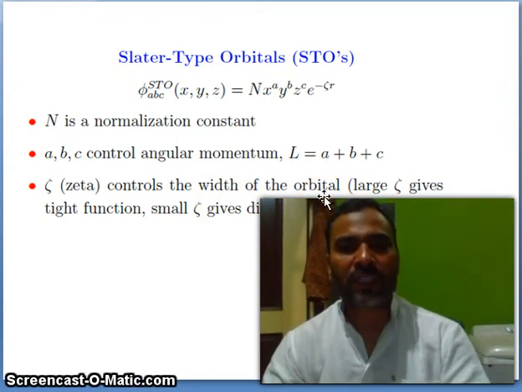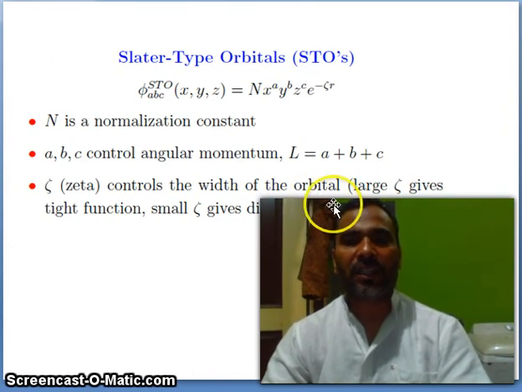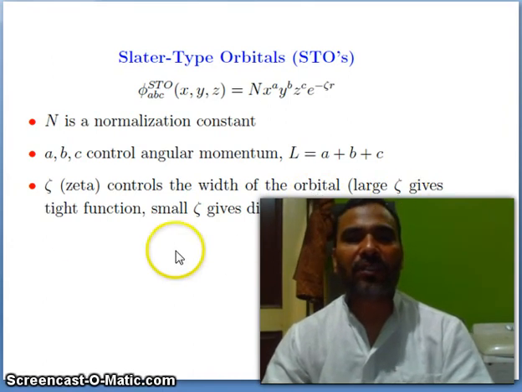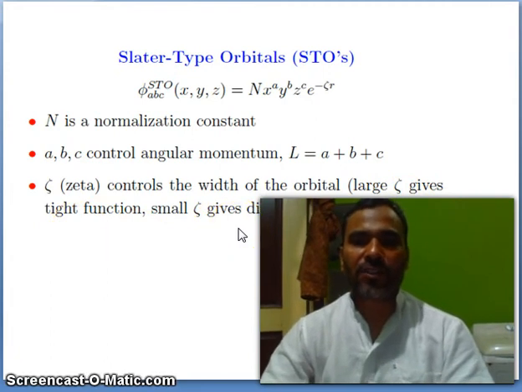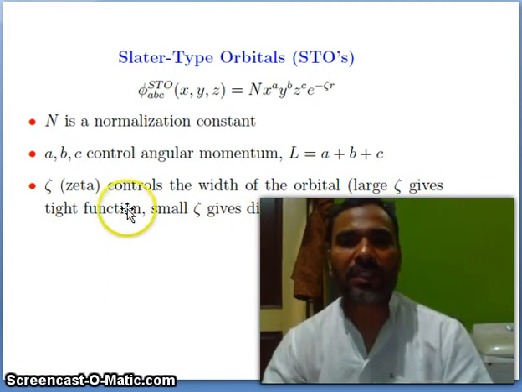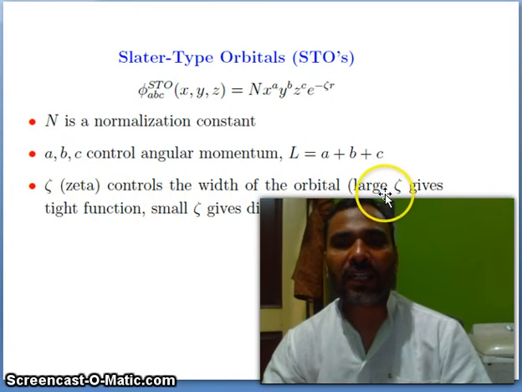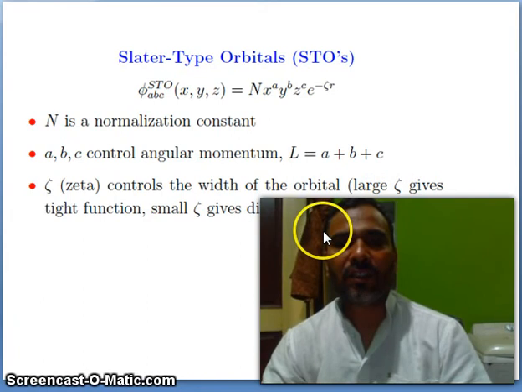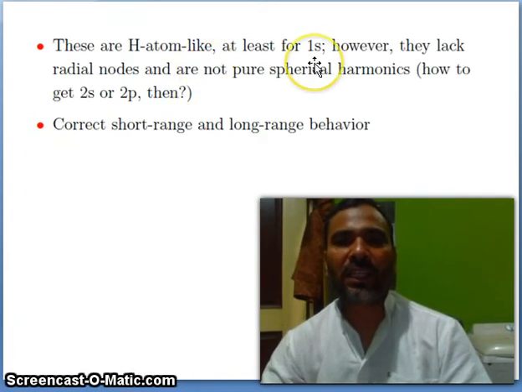First you consider this orbital, just think about the orbitals in chemistry. A large zeta gives tight functions. A small zeta gives diffuse functions. So it depends on the zeta. These are hydrogen-like atom orbitals, at least for 1s.